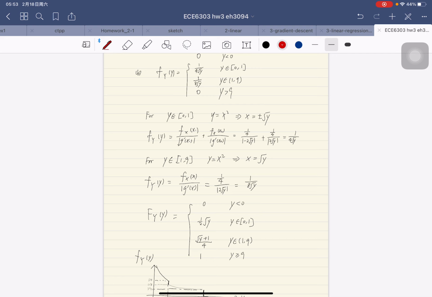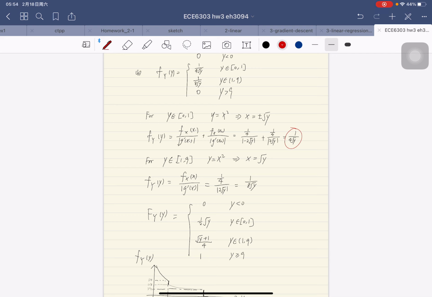fx x1 divided by the absolute value of g prime x1 added by fx x2 divided by the absolute value of g prime x2, and we will get 1 over 4 square root of y.